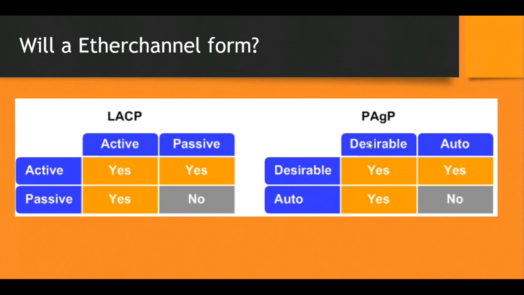Similarly, auto and desirable, you can form an EtherChannel, but auto and auto on the other side, if both switches are configured for auto mode in port aggregation protocol, means you will not be able to create an EtherChannel. With this said, let's get started with the configuration of EtherChannel using these two protocols, port aggregation protocol and link aggregation control protocol.